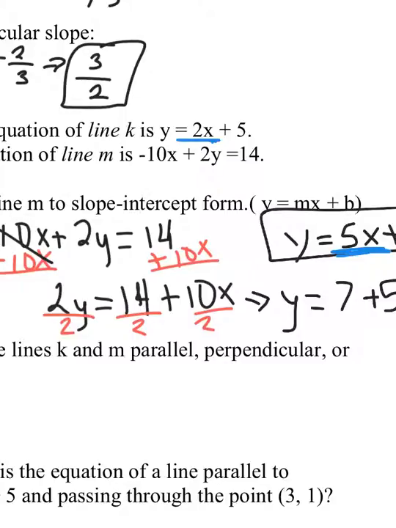Are they identical slopes? No. Clearly, 2 and 5 is not the same number. Are they perpendicular? Did we flip the fraction and change the sign? No. So in fact, this leaves us with oblique, which is any 2 lines that cross but are not perpendicular and not parallel. So it's just anything that's not those 2, which is everything else. That's all oblique means. Not like your muscles in your stomach or whatever.